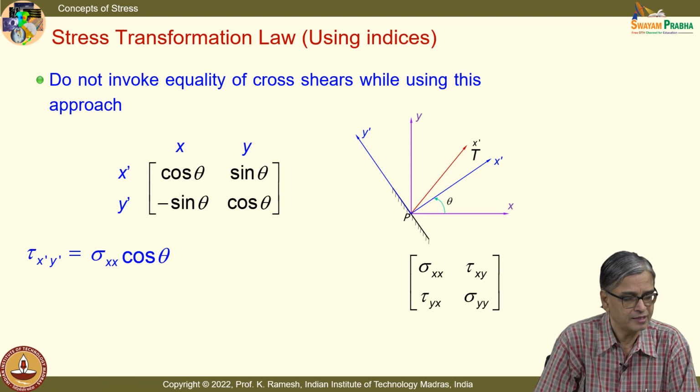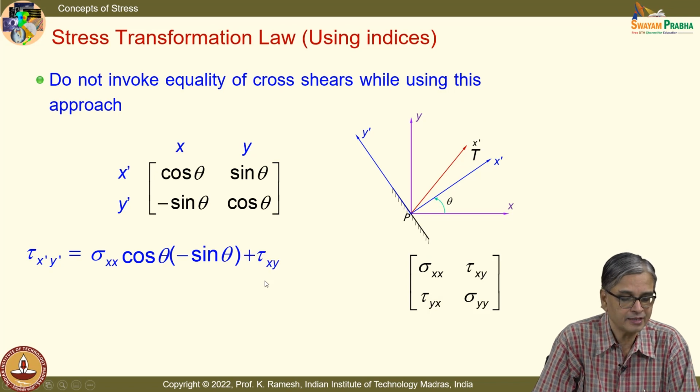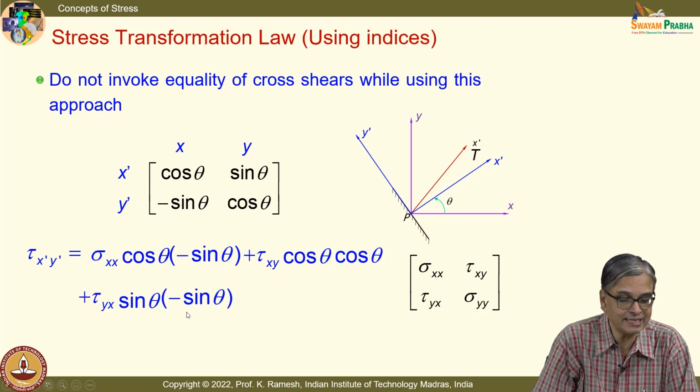Fine. So, I have this as cos theta multiplied by minus sin theta, and when I go to tau xy, I have x prime cos theta, y prime y, that is cos theta again. Okay. When I go to tau yx, I have x prime y, that is sin theta, and then y prime x, minus sin theta.